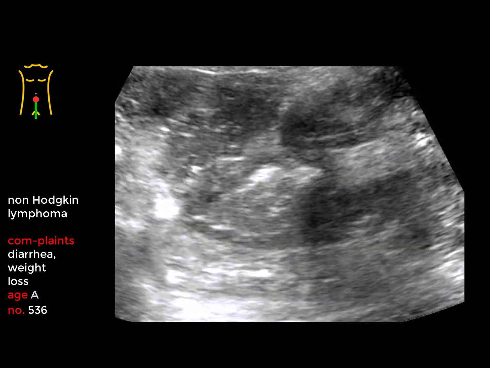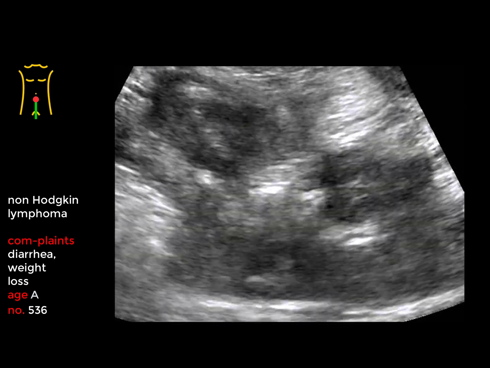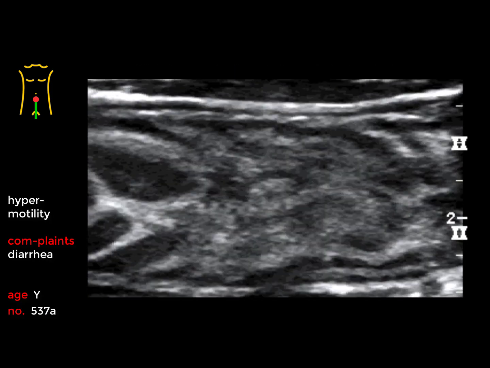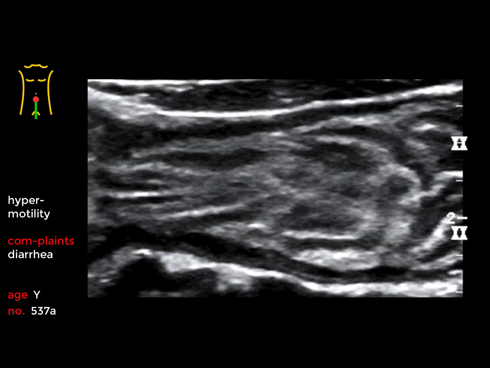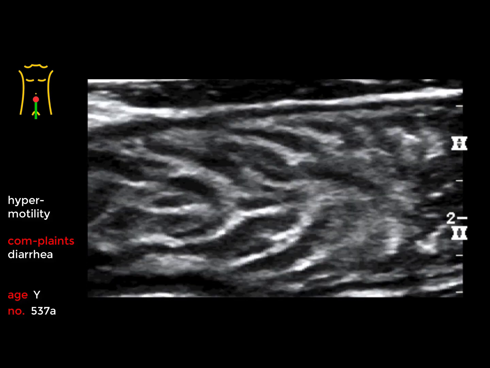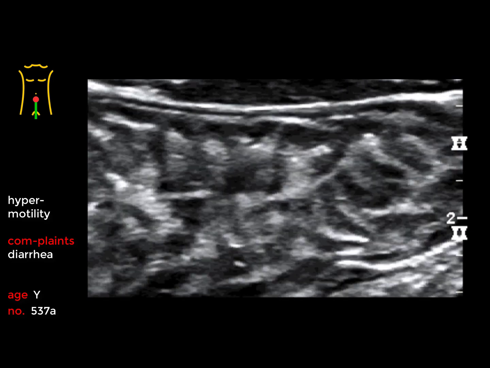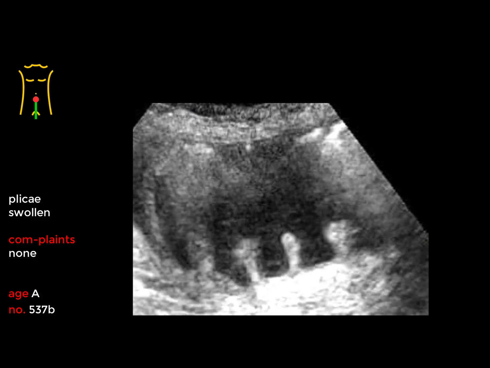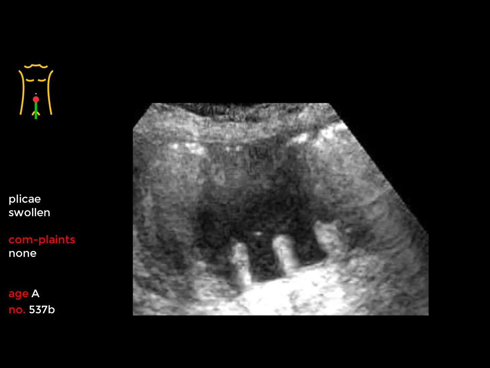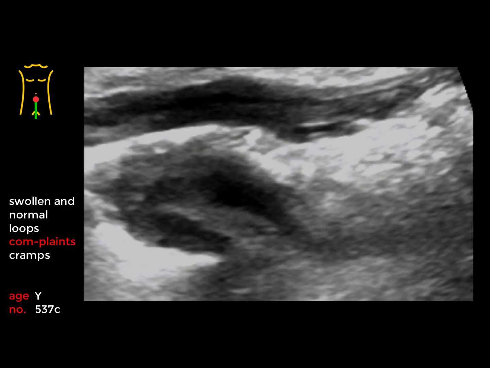In case 536, it was a non-Hodgkin lymphoma of the small intestine found as underlying reason for the thickening of the wall. In 537A, you find a vivid peristalsis in the case of Crohn's disease, and in B, again, you find two well-visible folds and enhanced liquid filling.